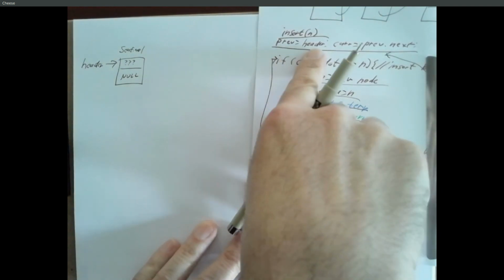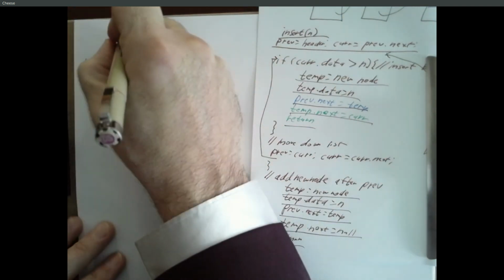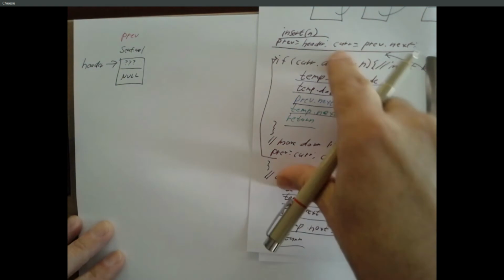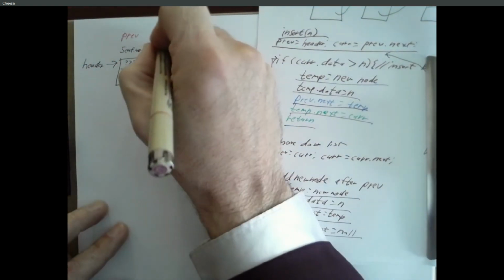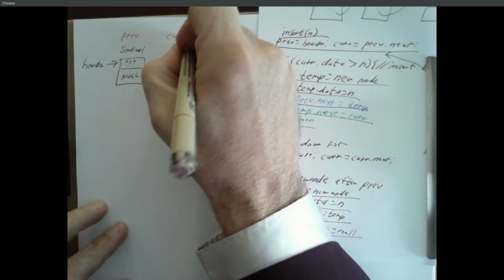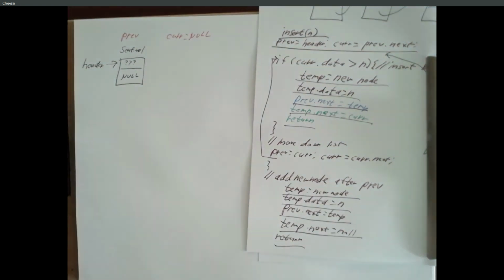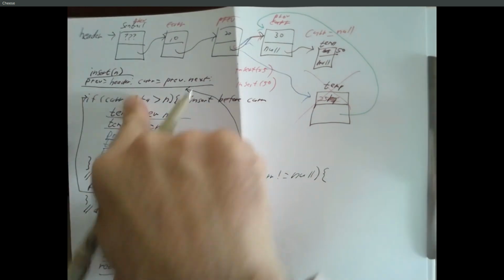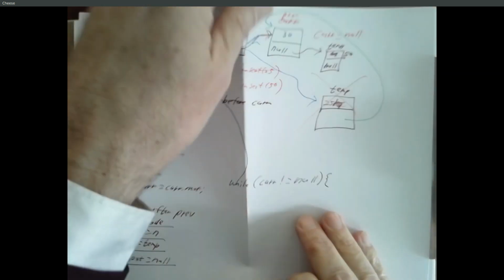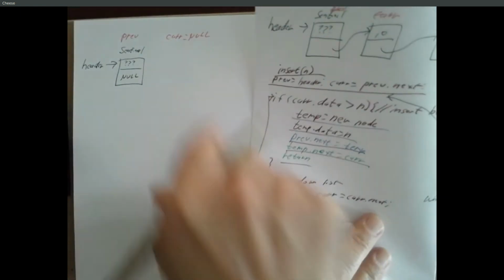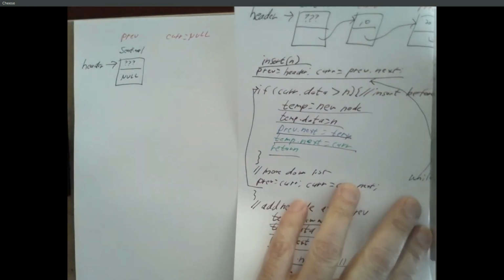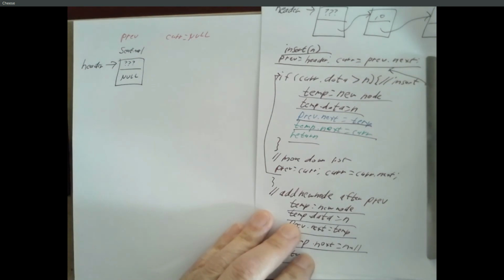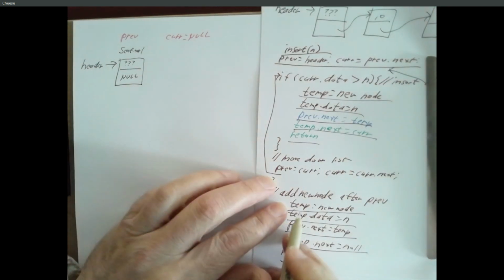So our initialization is going to say previous equals header, so this is going to be previous, and current equals previous.next, so current is going to be null. And remember, we put in a while loop which basically said, well, current is not null. Well, the first time we evaluate the condition of the while loop, current is null, so we're going to kick out of that while loop first time. We're never going to execute it. We're going to come straight down here.